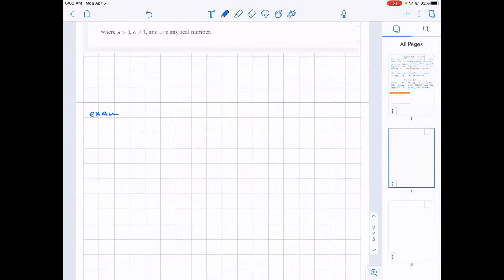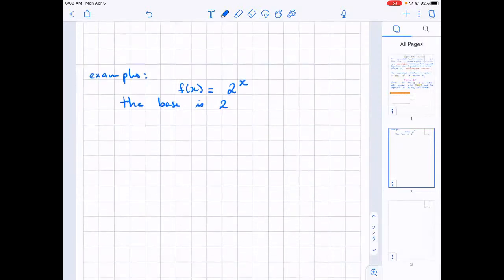If we look at some examples of the way they're written, we can have f of x is equal to 2 to the x. Here, the base is 2. This is our first example. If we look at g of x is equal to 5 to the x, here the base is 5.